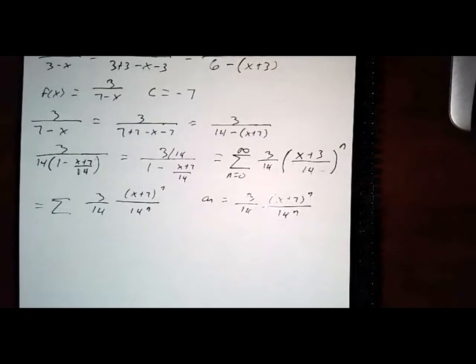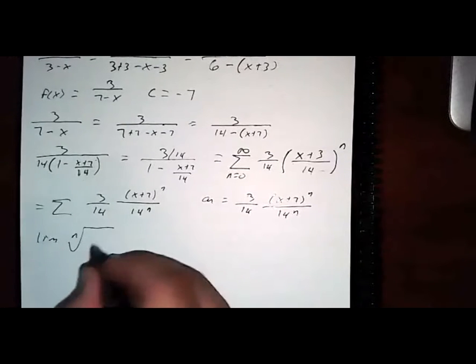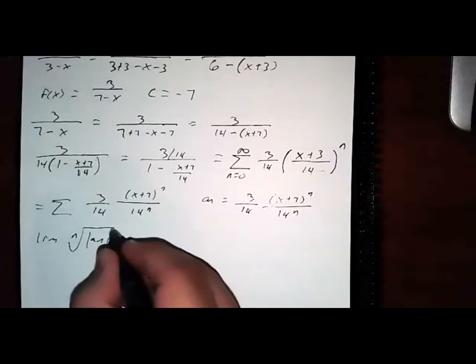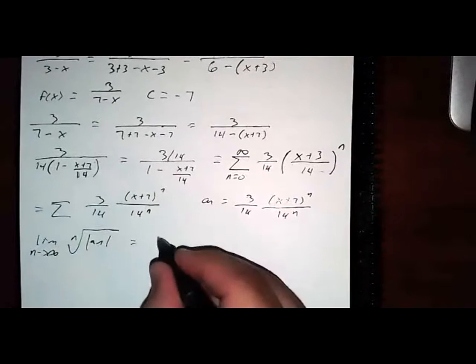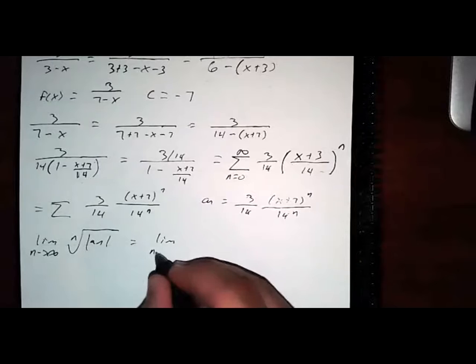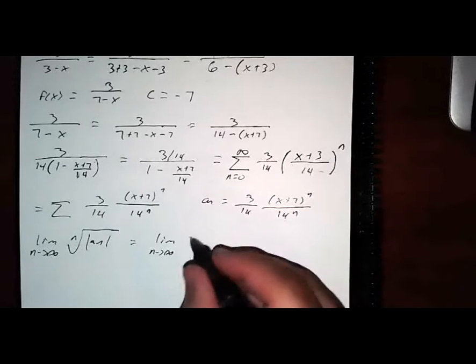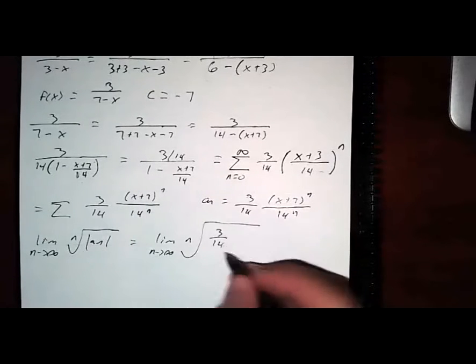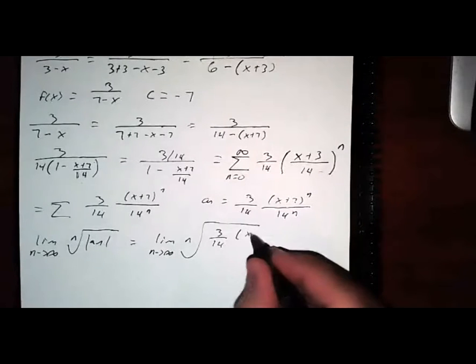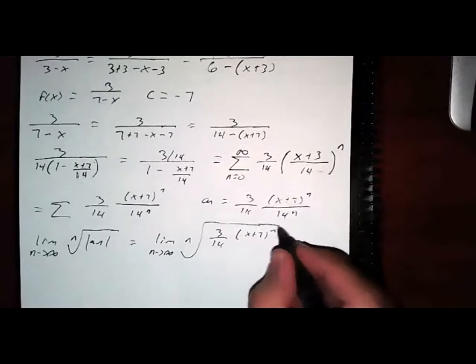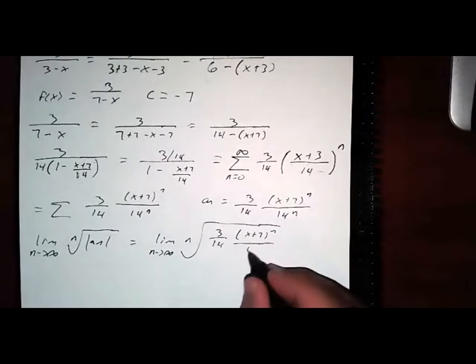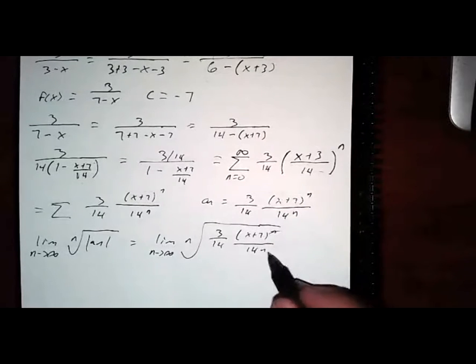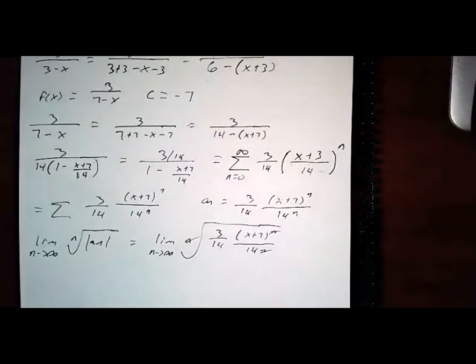This is more obvious. So the limit as n goes to infinity of the nth root of the absolute value of a sub n is equal to the limit as n goes to infinity of the nth root of 3 over 14 times x plus 7 to the n over 14 to the n. So these n's are canceled.